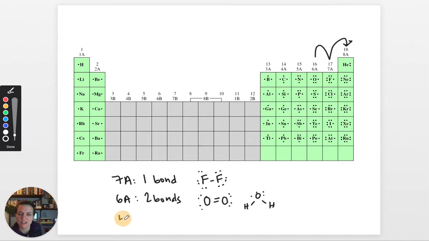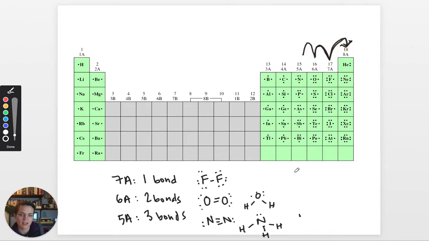So group 5A, we're going to see typically has 3 bonds, right? We just saw that with our diatomic nitrogen. Now we also know that ammonia is really common. So 3 bonds. And here we're 1, 2, 3 steps away from our noble gas.